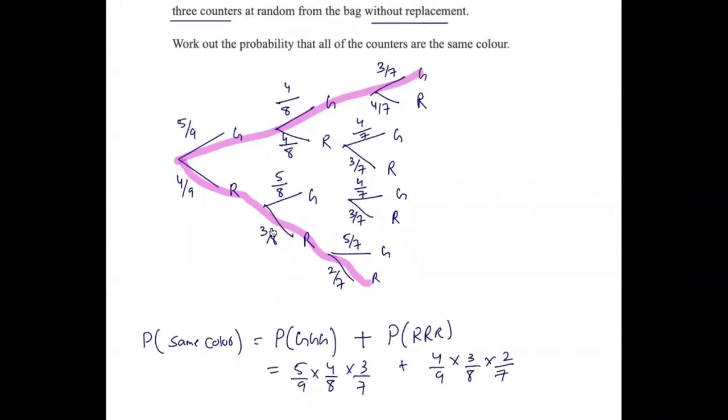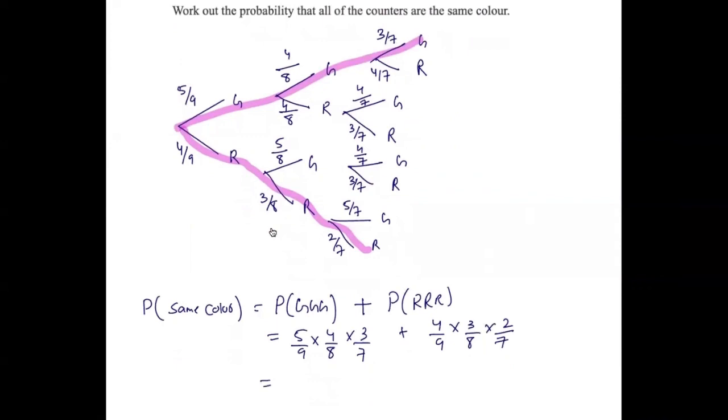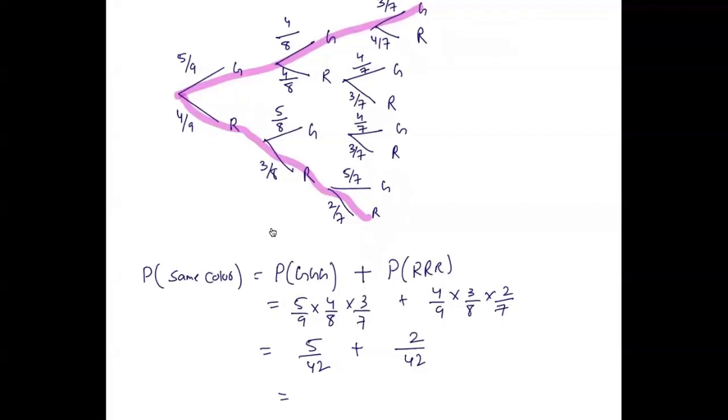Okay. So the probability of green, green, green comes out to be 5 upon 42. And the probability of red, red and red comes out to be 2 upon 42. So when you add them, you get 7 upon 42, that is 1 upon 6.